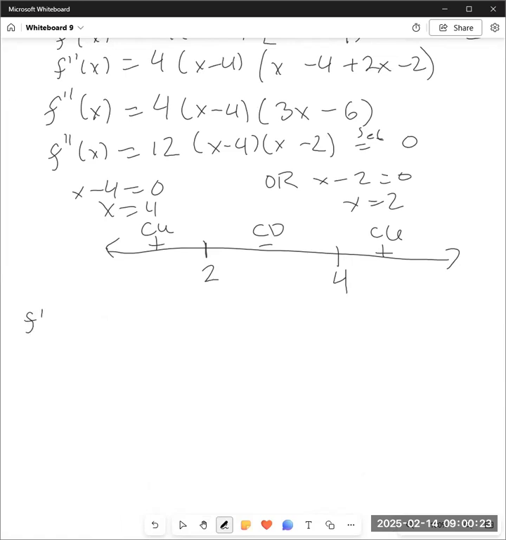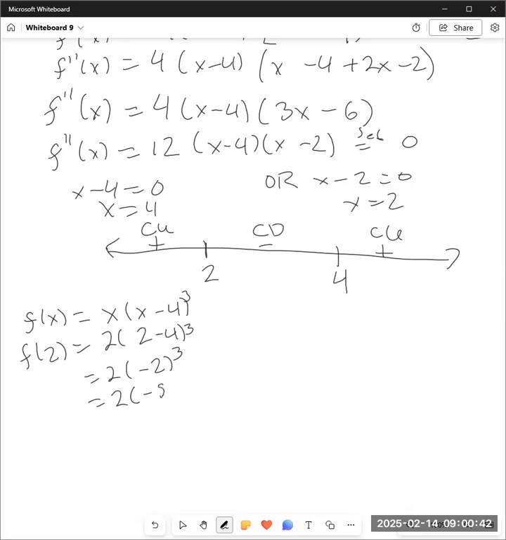So let's come back to f of x was equal to x times x minus 4 to the third. So f of 2 is 2 times 2 minus 4 to the third, is 2 times negative 2 to the third, is 2 times a negative 8, is a negative 16.